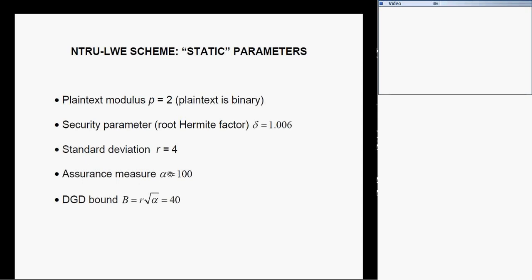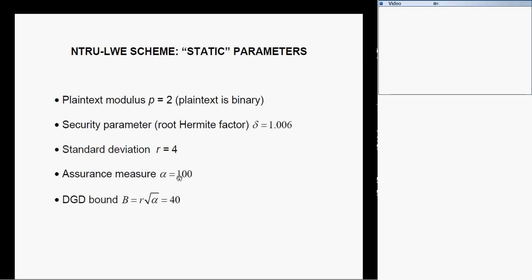The following parameter, the assurance measure, is alpha, which is used in defining the bound for coefficients generated by the discrete Gaussian distribution. If we generate a coefficient using the discrete Gaussian distribution, alpha tells us the probability that the coefficient value will be outside the bound b.